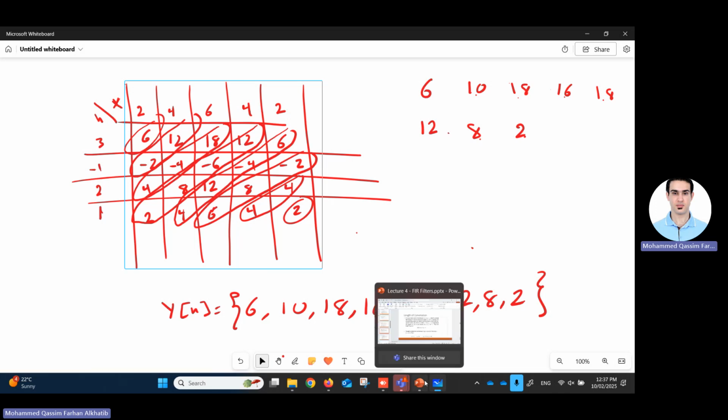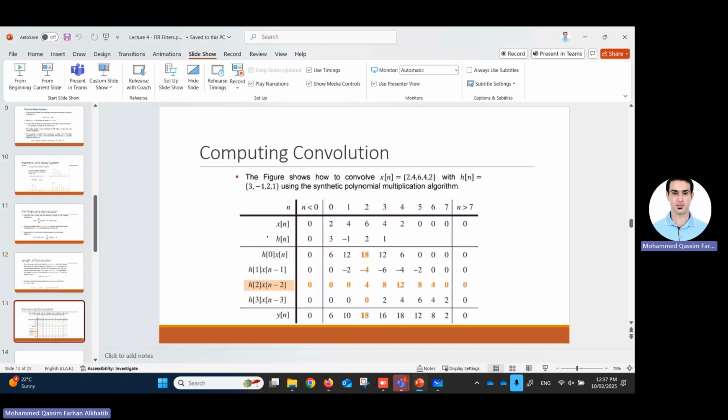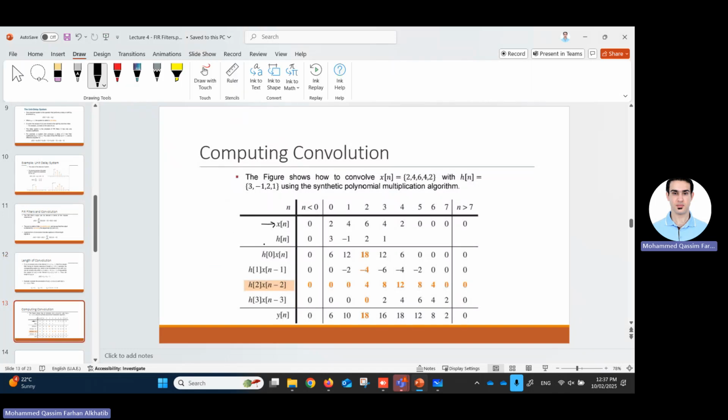The other way is what's done in the slides. So you have your components, that's x of n, and you have h of n here. You start the indexes at 0 and finish at 7, because you assume the output has a length of 8. Now for each row, you shift the coefficients, 3, negative 1, 2, 1, and then you multiply.